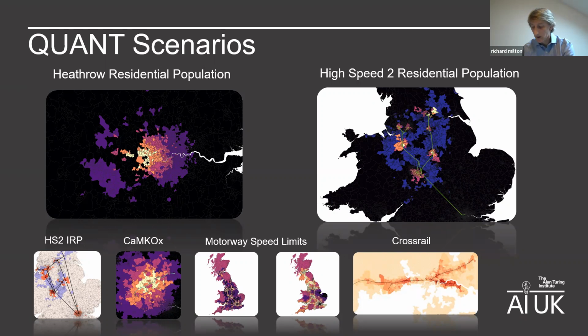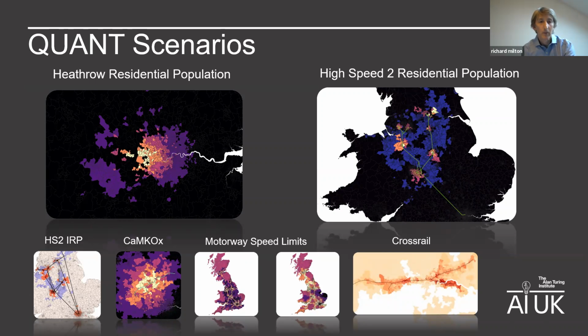Now, with network scenarios, these are a lot more complicated. What we have to do is change the underlying network and then rerun the shortest path algorithm on that network, on a million node network. It is computationally complex and time consuming. But what you see here is the high-speed rail example. So the top right one is the original example with phase 1 and phase 2 to Manchester and Leeds.